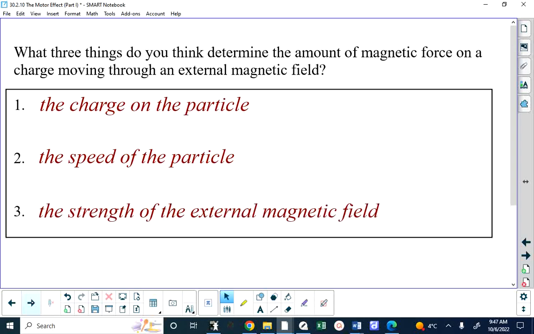Again, I regret not planning this out better, but when we had that cathode ray tube here, I was using this magnet the whole time, which is a fairly strong magnet, but it's not nearly as strong as this one.